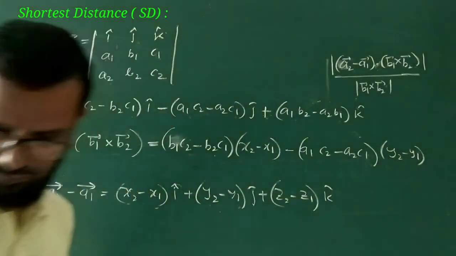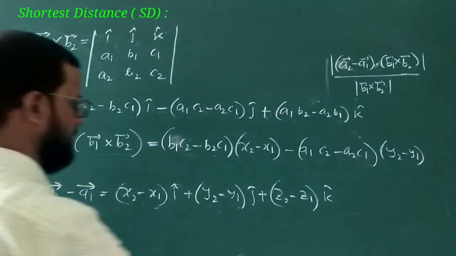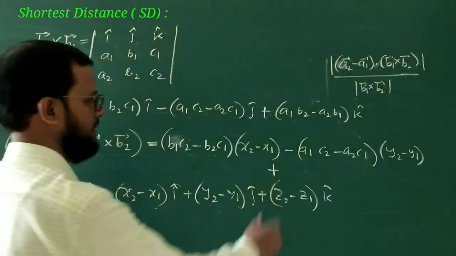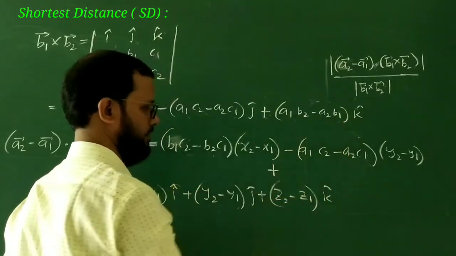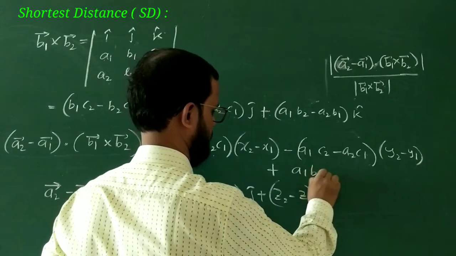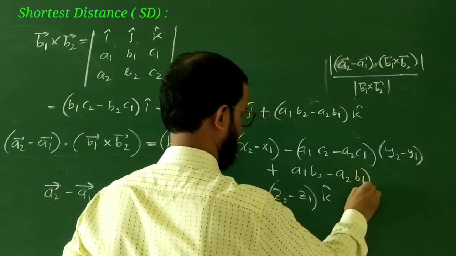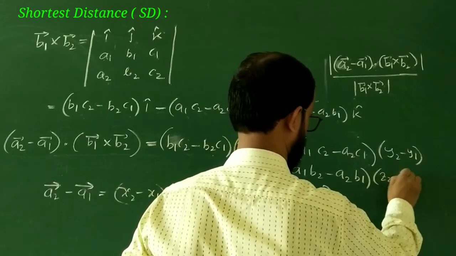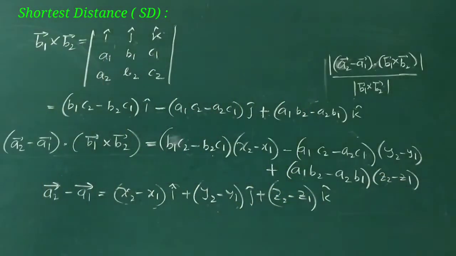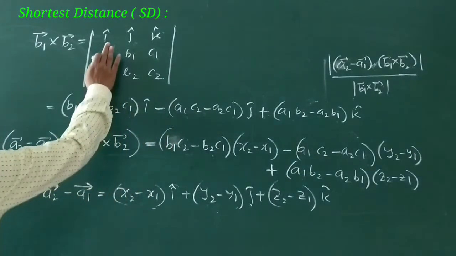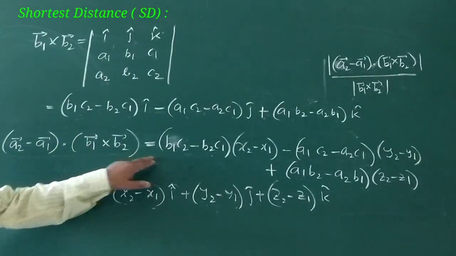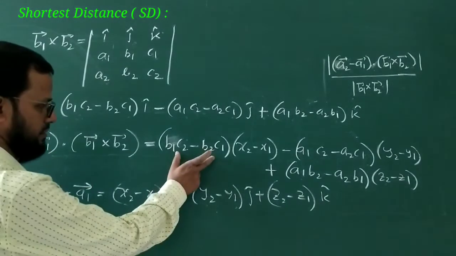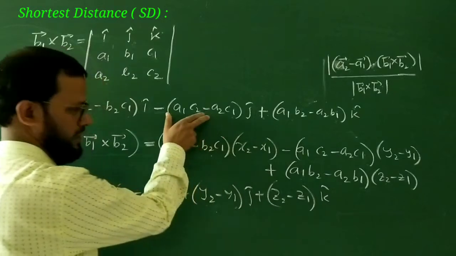And finally, k dot k equals 1, and this gets multiplied, giving (a1 b2 minus a2 b1) into (z2 minus z1). A very interesting result is that after expanding the determinant and after taking the dot product, there is a similarity between this expression and that expression.